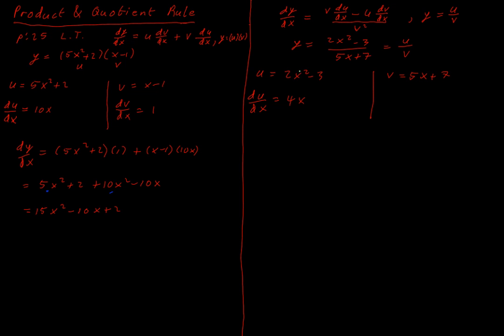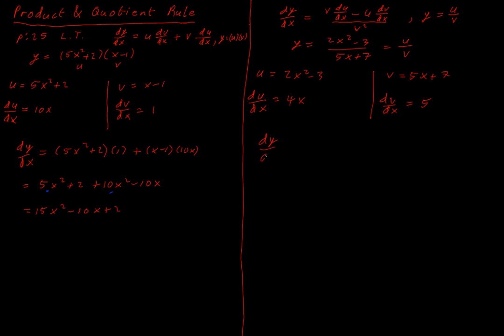So multiply by the power and subtract 1 from the power. The constant goes to 0. dv dx is going to be just 5. Multiply by the power and subtract 1 from the power, and the constant goes to 0. So this is all of the terms I need for my dy dx.